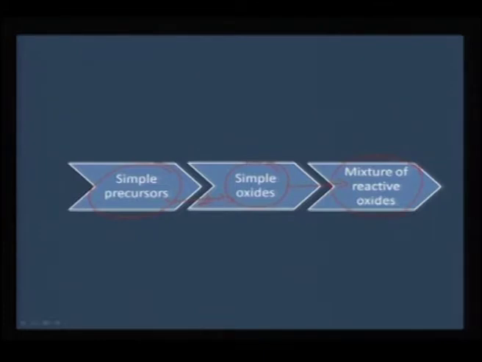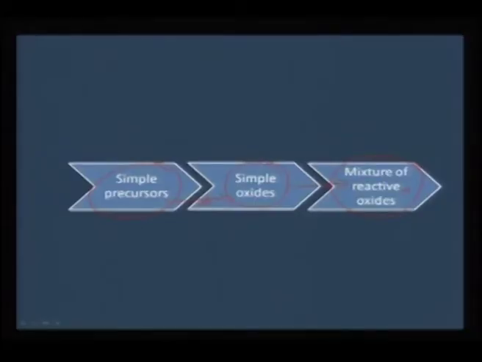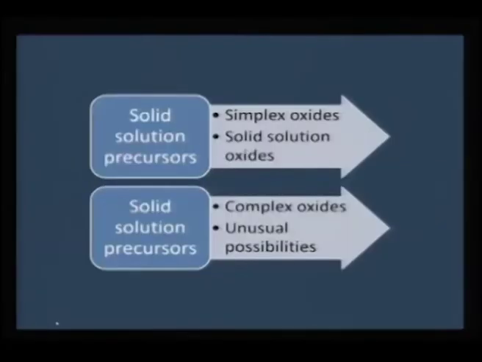It need not be the final oxide, it will be a mixture of reactive oxides which on further heating can give the final compound. So, that is the approach of precursor. In the next talk I will tell you about all the simple precursors that can be used for making such final compounds which are oxide materials.